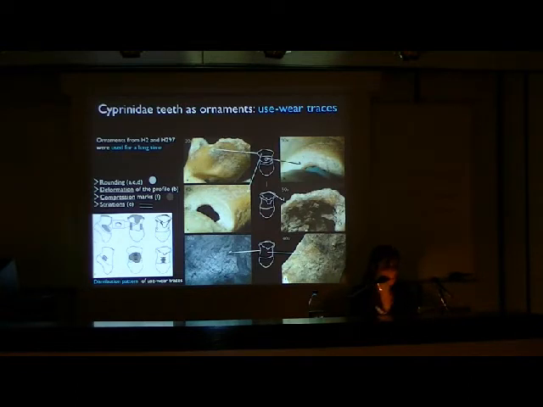So, what about the use wear? First thing that must be underlined is that in both burials, the ornaments, the carp teeth, were very much used, showing a very intense development of use wear traces.